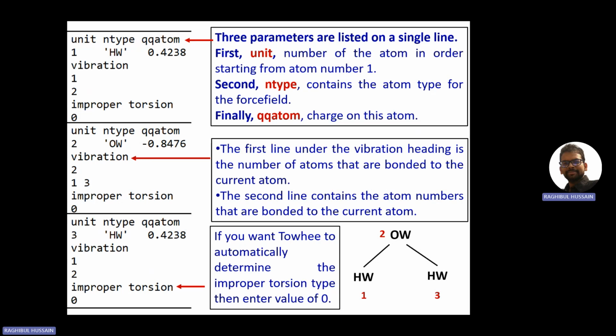Now second is vibration. Vibration meaning is this atom 1 is connected with how many atoms? This atom 1 is connected with only 1 atom. So write 1. The first line under the vibration heading is the number of atoms that are bonded to the current atom.